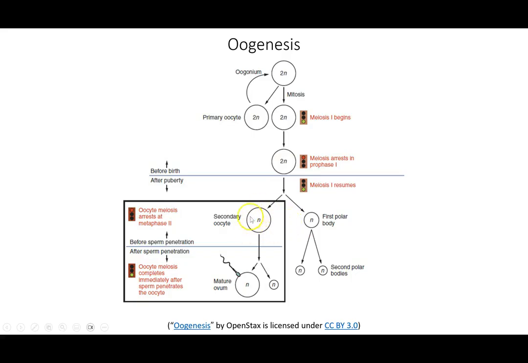And so that secondary oocyte can further go through meiosis 2 and develop into that mature ovum in the presence of sperm. And then the polar body will divide into secondary polar bodies, and then we can also get that secondary polar body from that oocyte splitting into the mature ovum and that polar body.